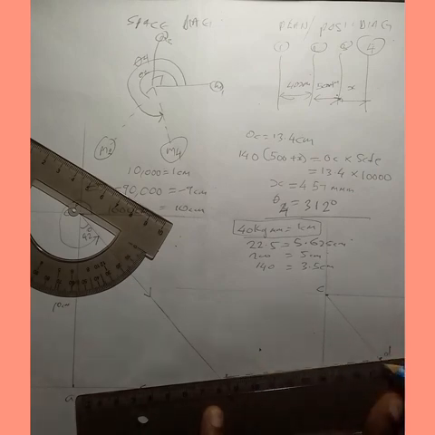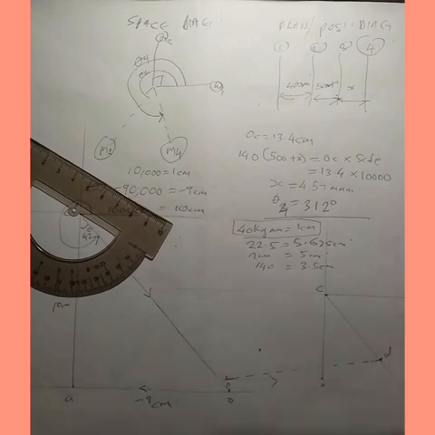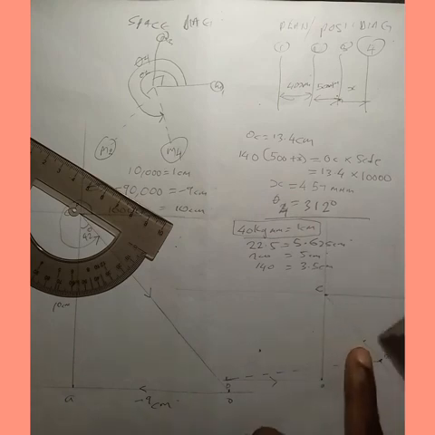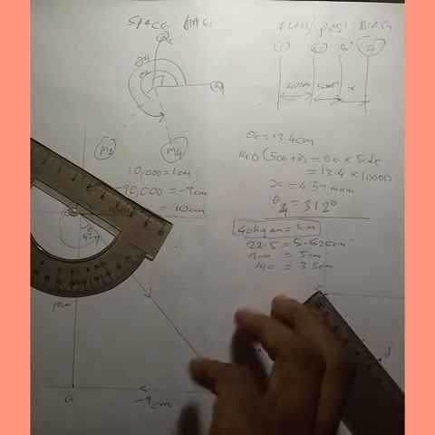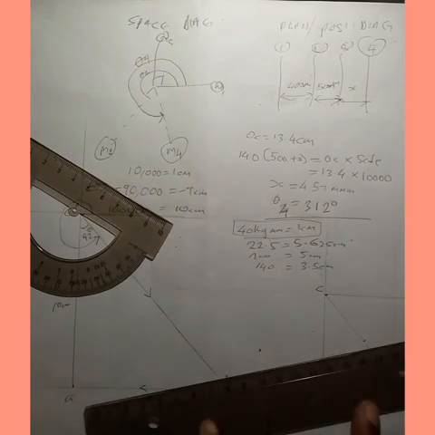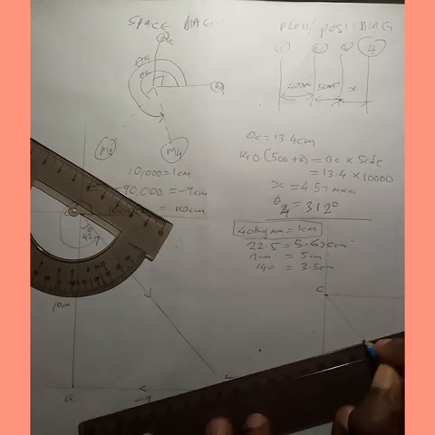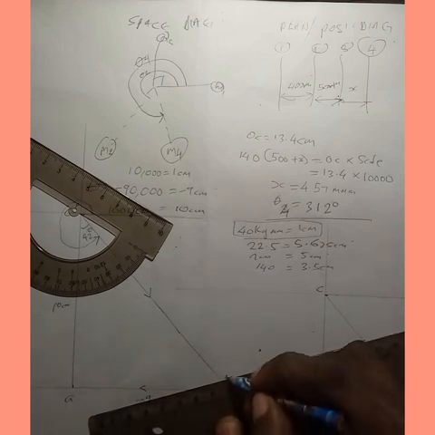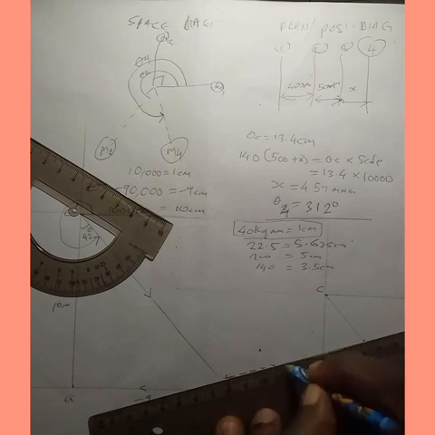Okay, CD is meant to be 3.5, not 5. So you measure 3.5 here. Then from 3.5, you prolong your line to point O using hidden lines to the starting point.